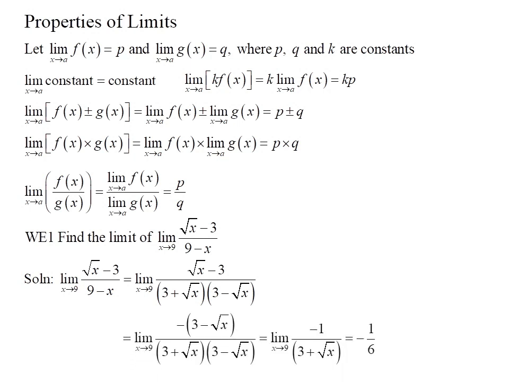After cancelling the term 3 minus square root x, the expression becomes the limit of negative 1 over the sum of 3 and square root x as x approaches 9. It equals negative 1 over 6 after substituting x by 9.